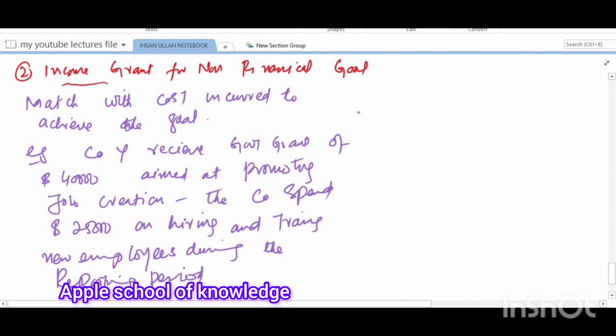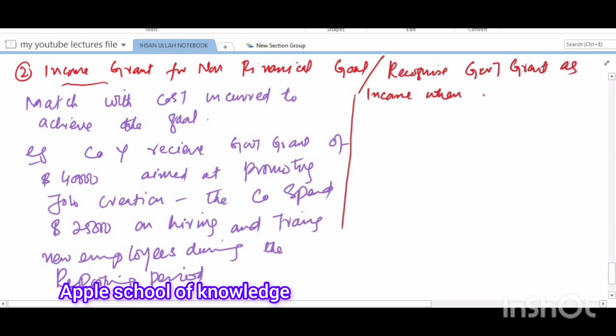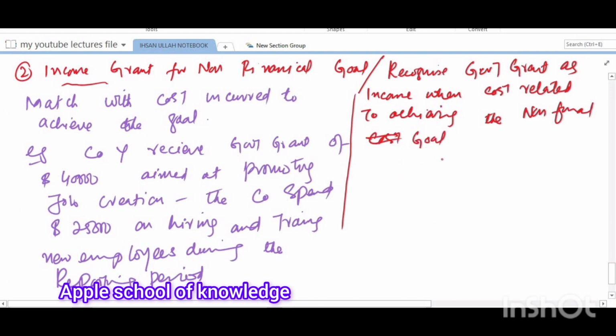Let me show you with a sample. So here, the government grant is recognized as income when the cost related to achieving the non-financial goal, which in this case is job creation, is incurred.